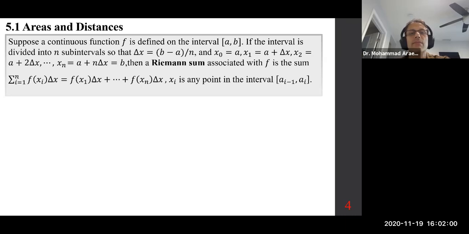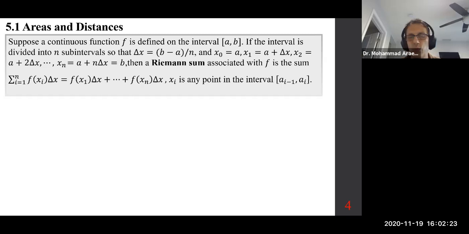Then the Riemann sum is the summation of i equals 1 to n of f of x sub i delta x, which is f of x sub 1 times delta x all the way to f of x sub n times delta x. x sub i is any point in the subinterval. This is the synopsis of what we cover.